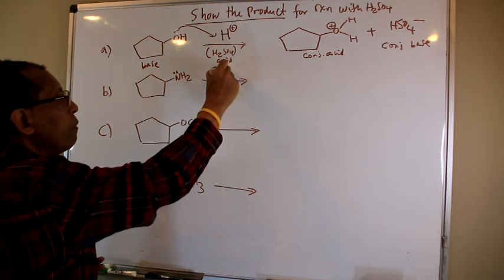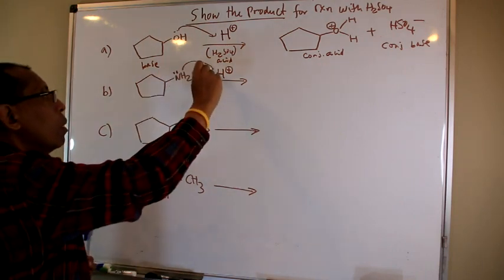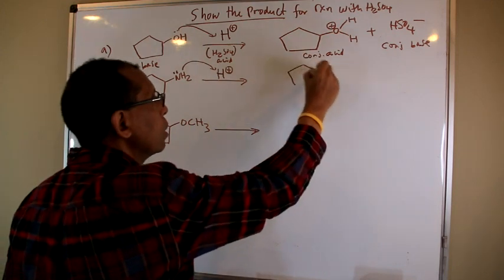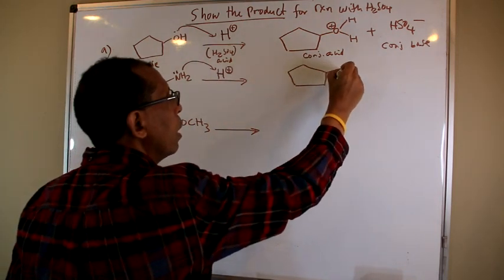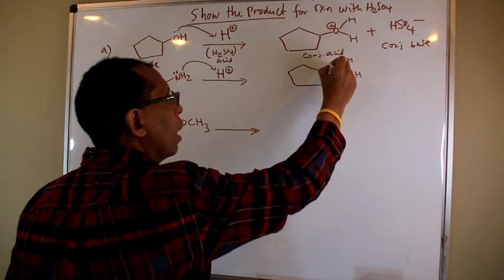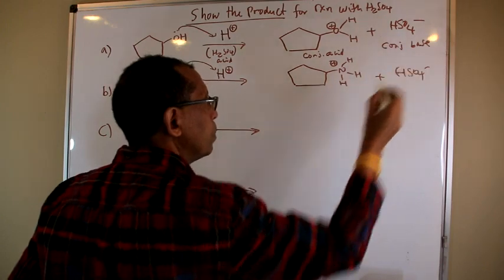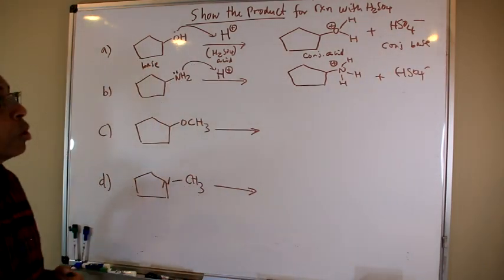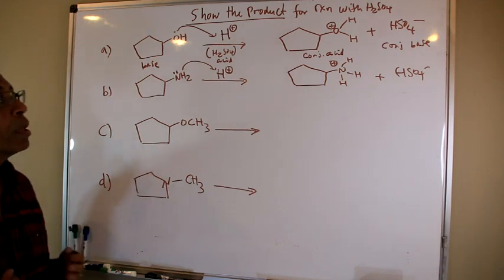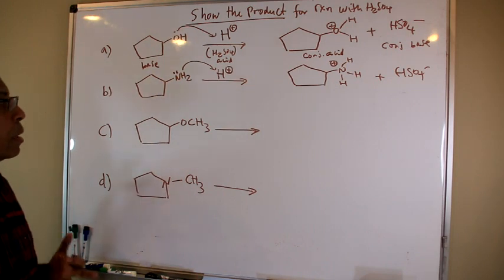So if you have H plus from the sulfuric acid, the electrons would pick up 1 of the protons to generate the conjugate acid, which is NH3 with a plus, and the same conjugate base. This is just to show you where the basic site is and what is actually happening in the reaction.